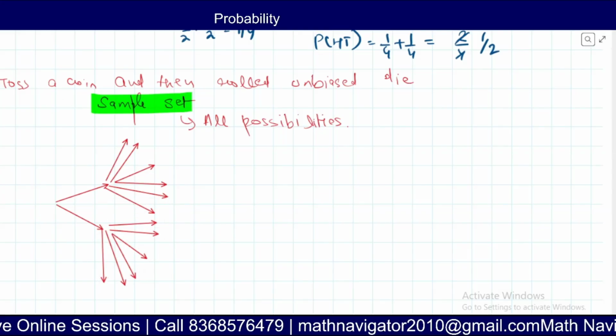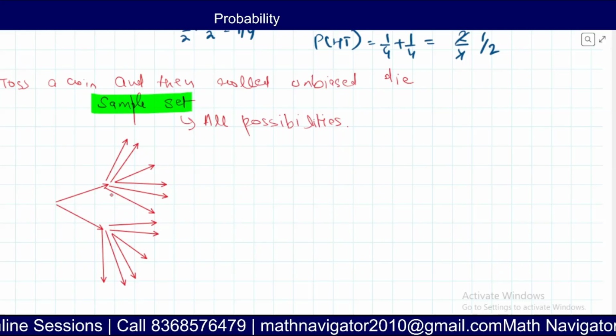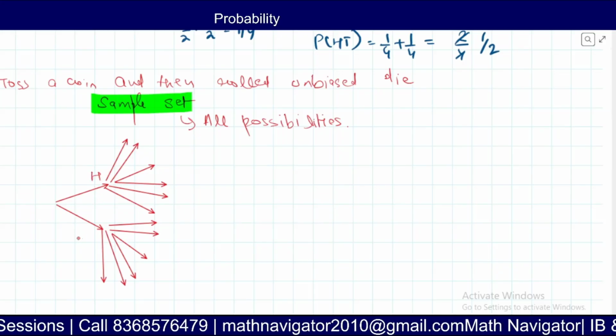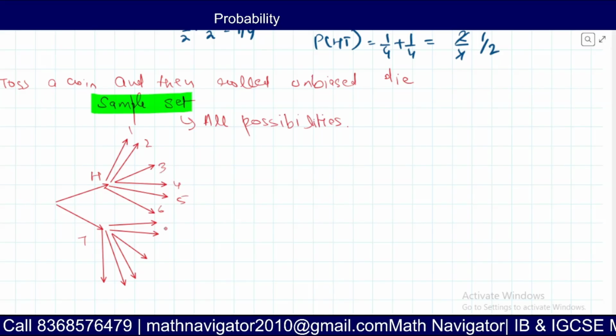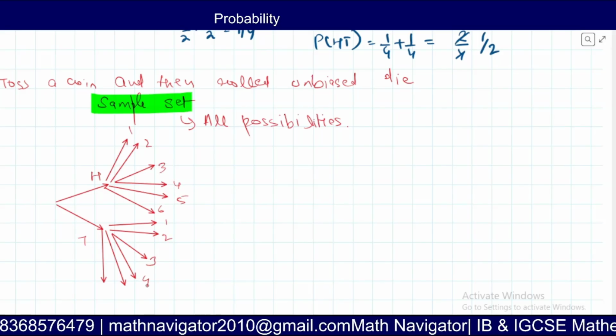Right. So basically, here I have head or tail, and here I have 1, 2, 3, 4, 5, 6. Here I have 1, 2, 3, 4, 5, 6.